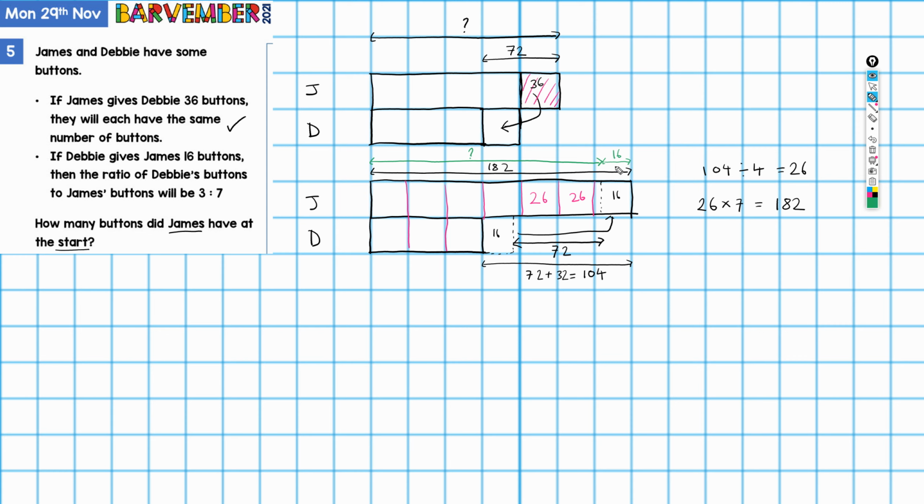So we need 182 subtract 16, and that is 166. So that is how many buttons James had at the start, 166. All right, I hope that helps.